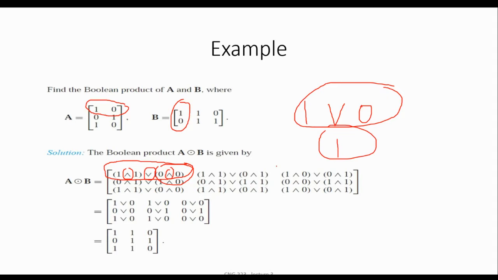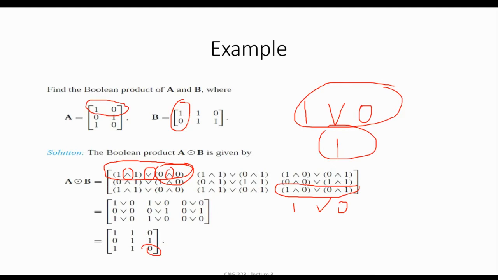So another example, let's consider this one, for example. The conjunction of these two is 1. For these two, this is 0. Oh, sorry, I'm considering this one, right?